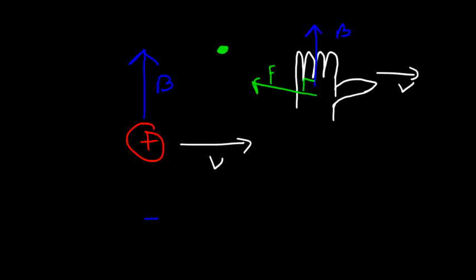But for an electron, the magnetic force will be in the opposite direction. That is, it's going to be going into the page. So for any negatively charged particle, simply reverse the direction of the magnetic force if you need to find it. For a positively charged particle, it's going to work in the exact same way as the right-hand rule directs it.